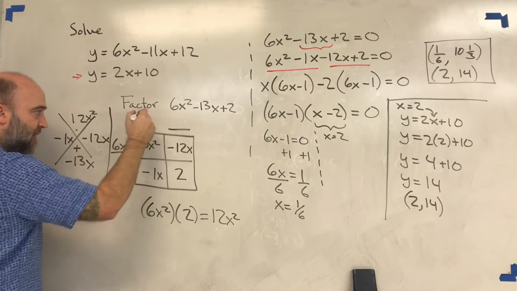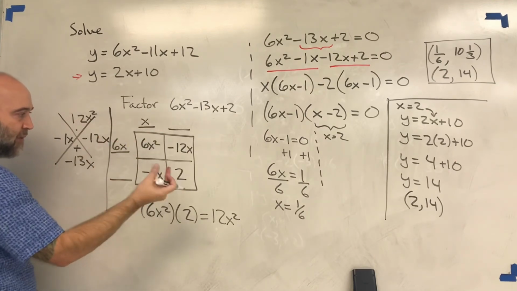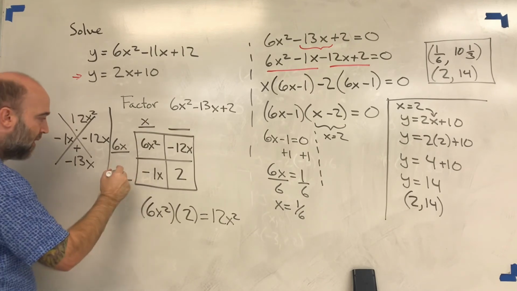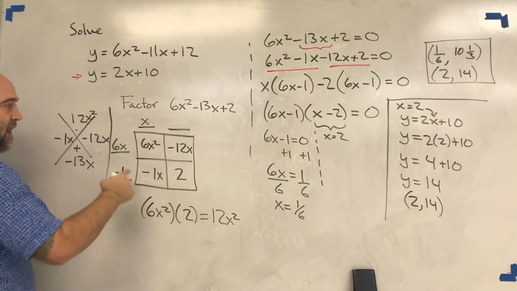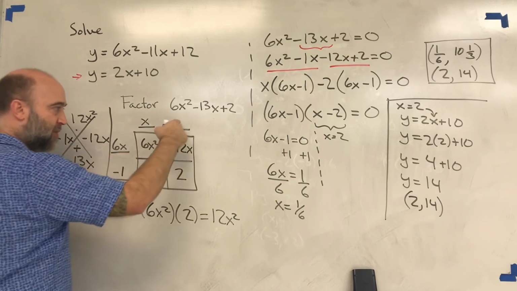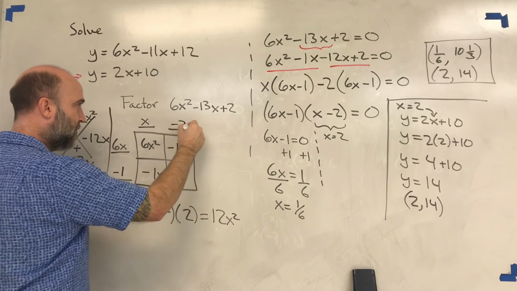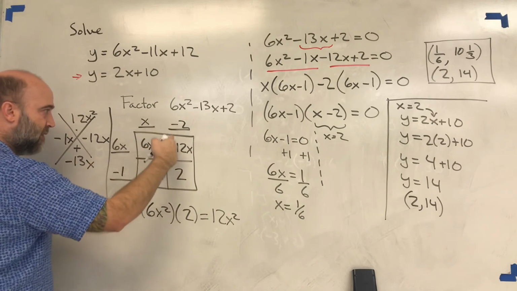Well, 6x times x. Once you have one, you can fill in the rest. So x times what is negative 1x? X times negative 1 is negative 1x. And then 6x times what is negative 12x? That would be a negative 2, I believe. 6x times negative 2 is negative 12x.